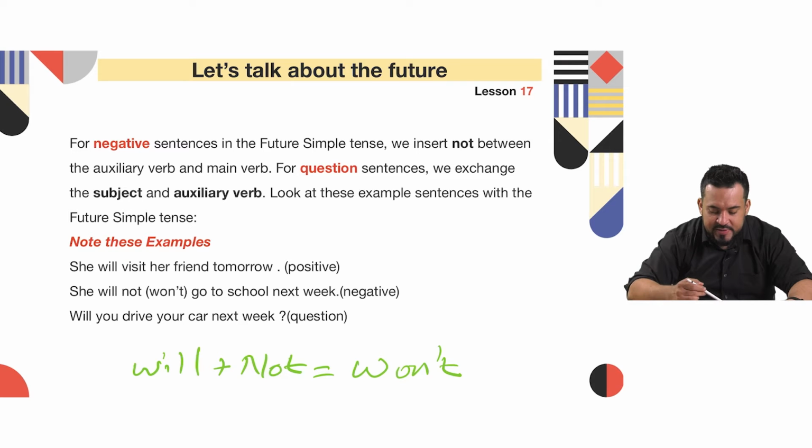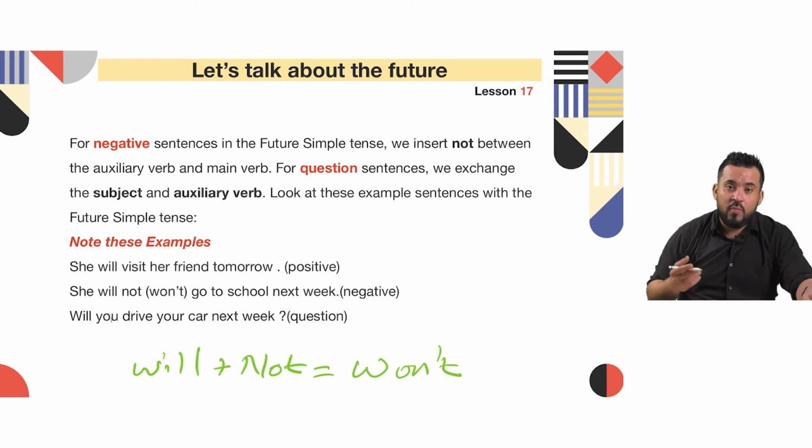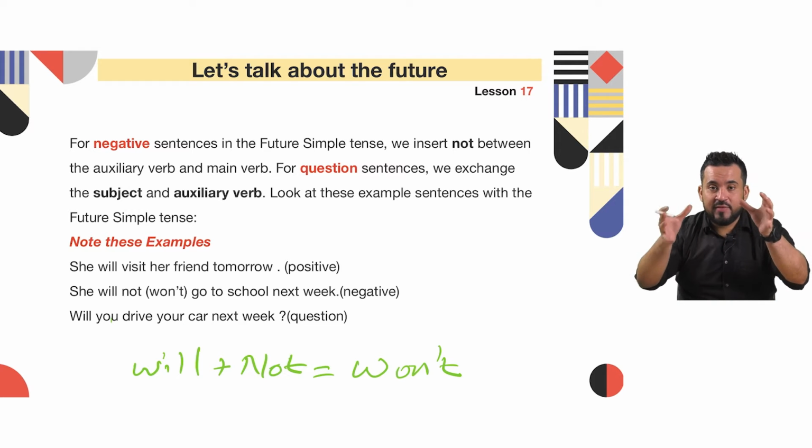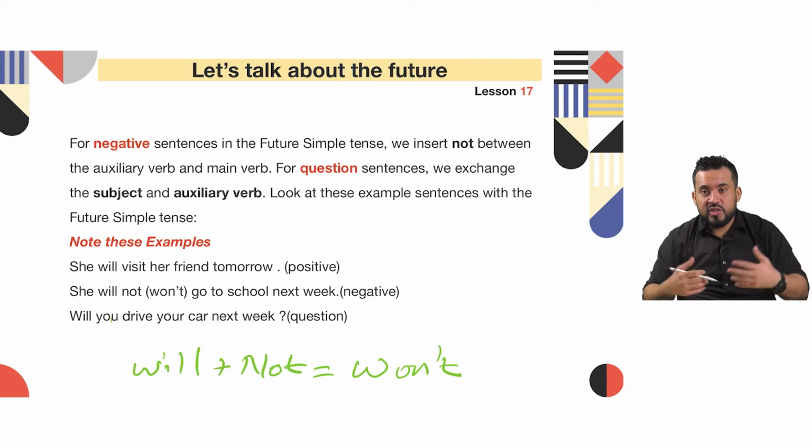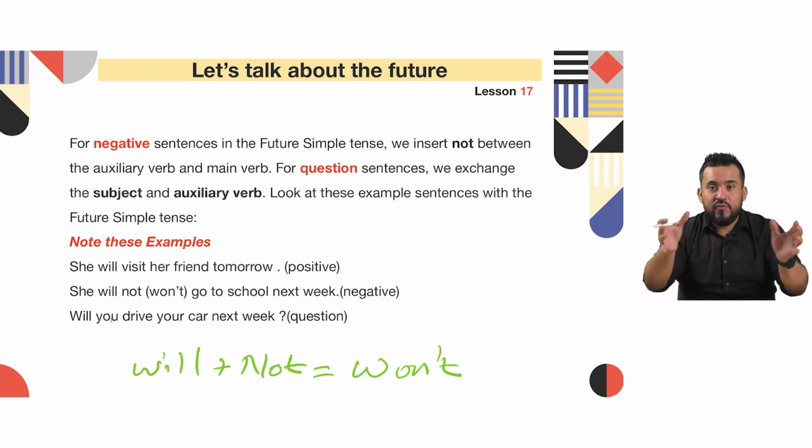Let's take a look at some examples. She will visit her friend tomorrow. This is positive. She will not or she won't visit her friend tomorrow. Or she won't go to school next week. Negative. Will you drive your car next week? Question. Again, the question form is we just take the subject and the modal, which is in this case will, and we invert them.